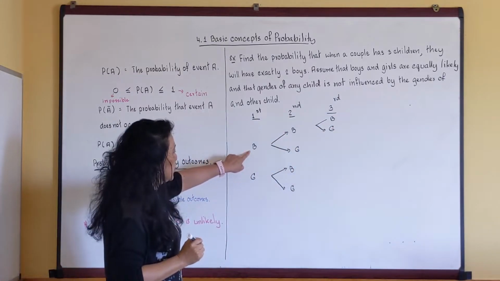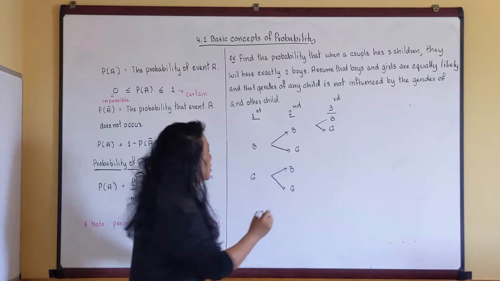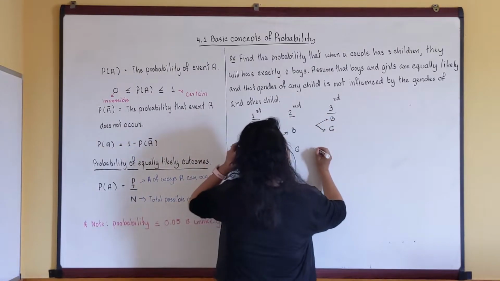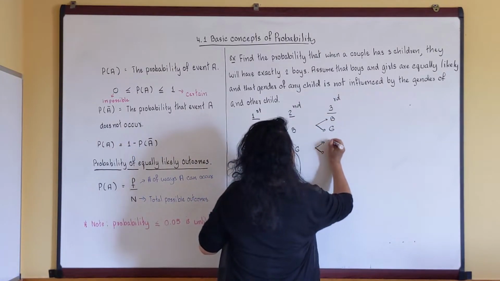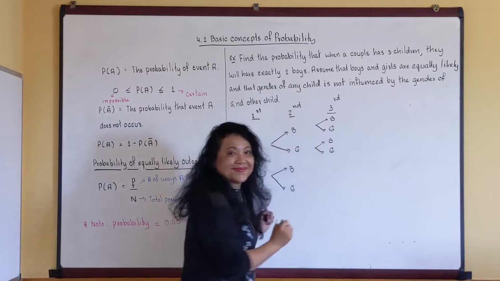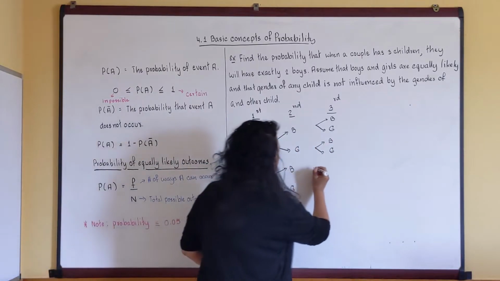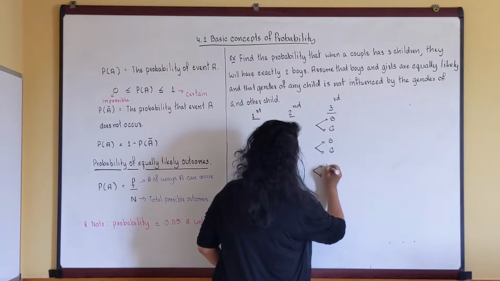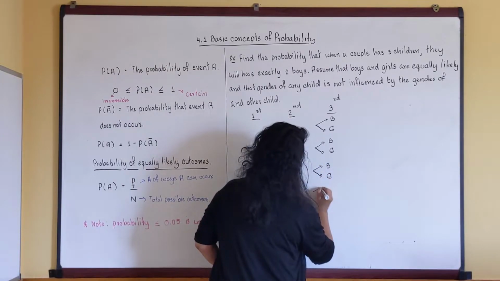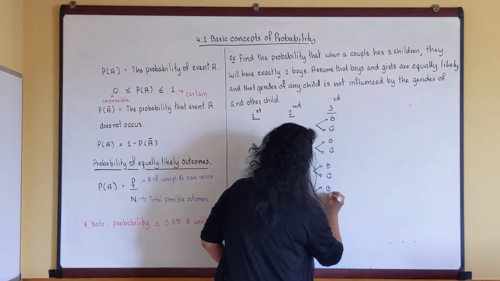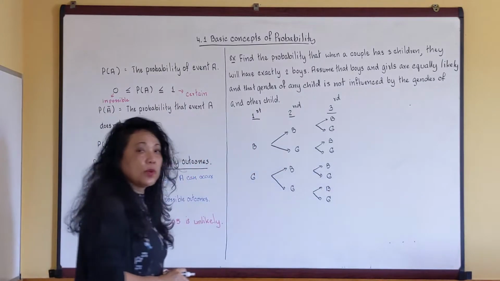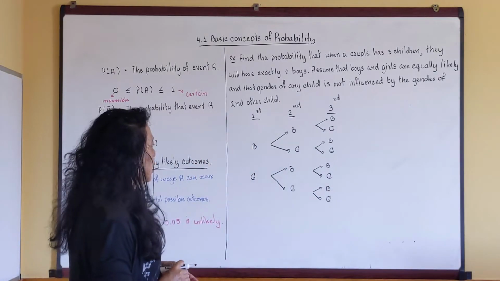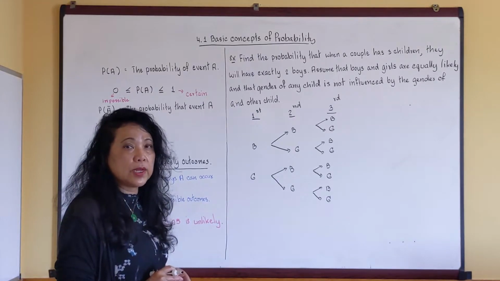If the first one is a boy and the second one is a girl, the third one can still be a boy or a girl. Same thing. Alright, so I'm just going to write all this. So basically, to have 3 children, there are 8 possible outcomes.